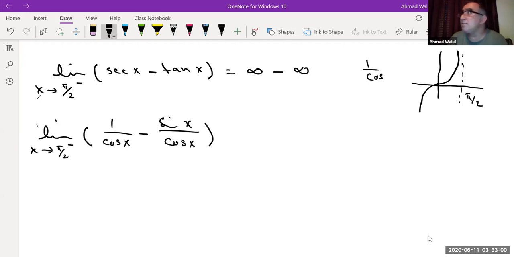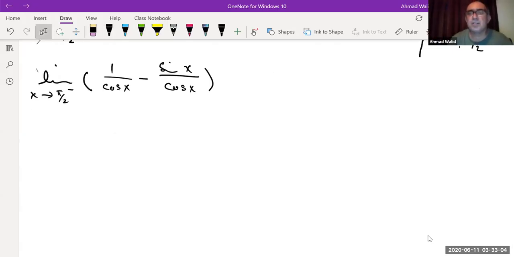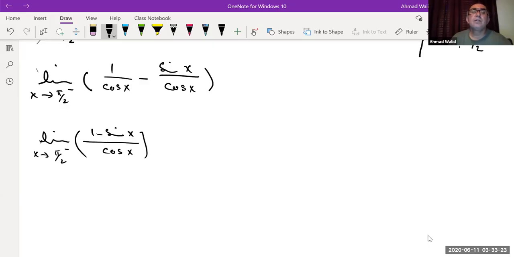You see, here you have cosine x, here you have cosine x. Write it as one fraction, or as a quotient, right? You can write this as the limit as x approaching pi over 2 from the left of 1 minus sine x over cosine x. Correct? Now, if you plug in pi over 2, sine of pi over 2 is 1.